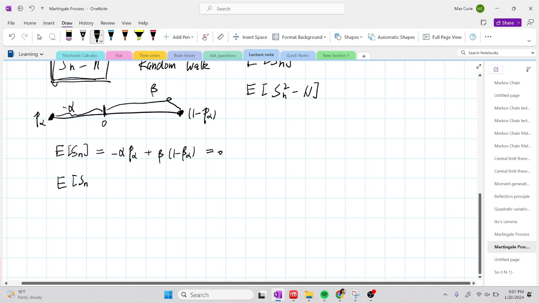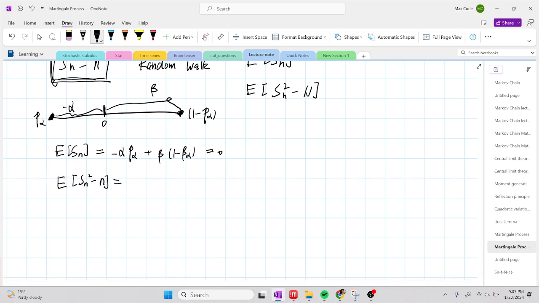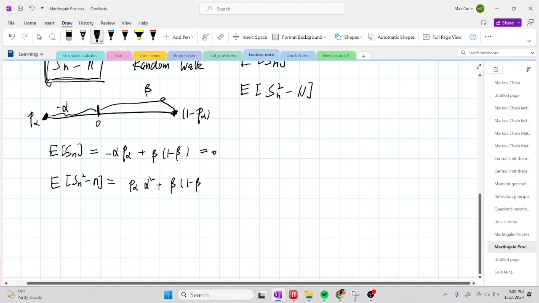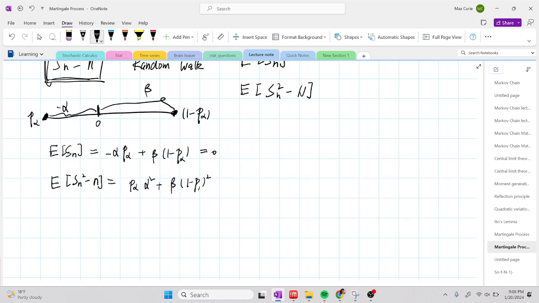And for this Martingale, we have p alpha squared plus, sorry, 1 minus p alpha times beta squared, minus n, where n is the total steps, which is what we want.